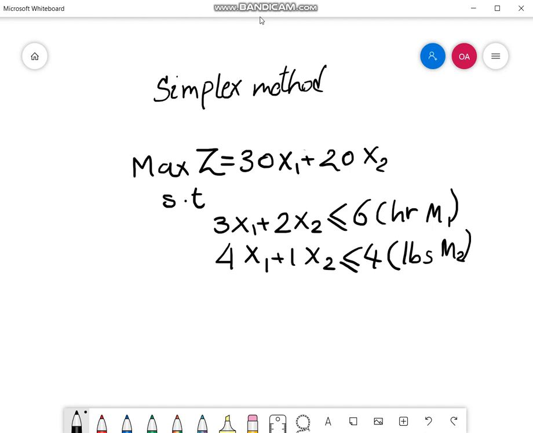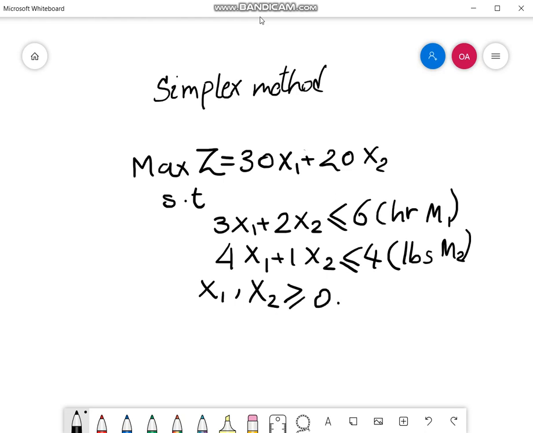Sometimes they are not homogeneous. Just within an equation they should be in the same unit, so that the left hand side and right hand side coefficients are in the same units. But between equations there is no such constraint. And you consider the economic condition, so x1 and x2 are more than or equal to 0.